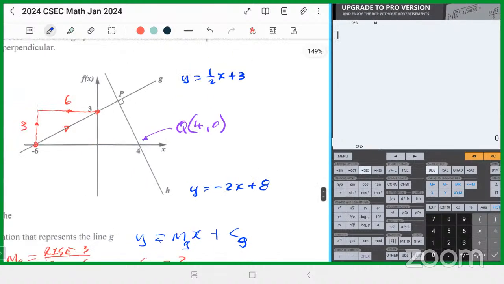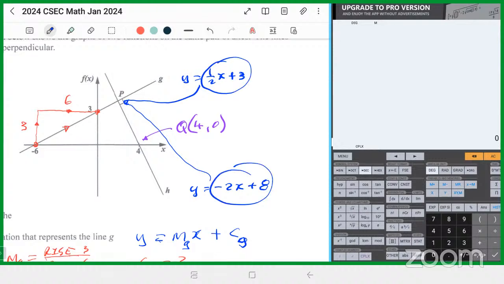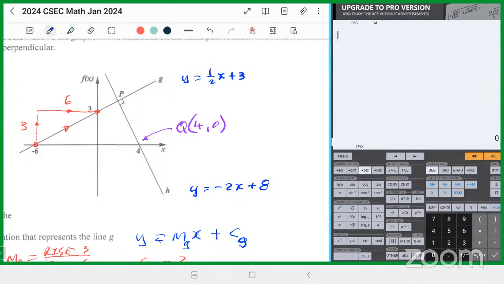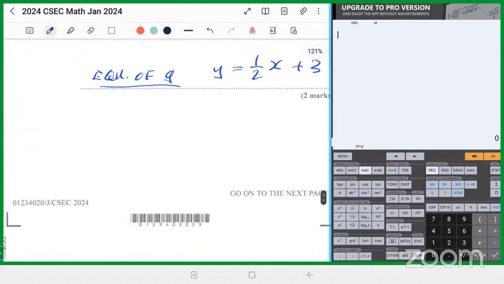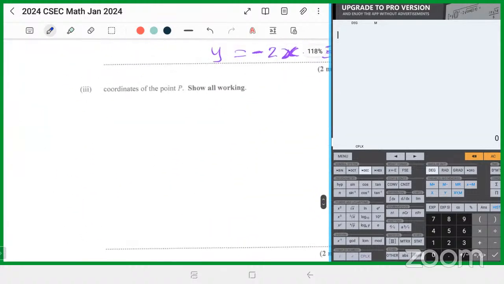And at this point, the two equations are equal, where they intersect. So the y values on the two equations are equal, and this expression is equal to this expression at that point. We're basically just solving the two equations simultaneously to find the point P. So we can set it up like this. Two equations are now valid at point P.